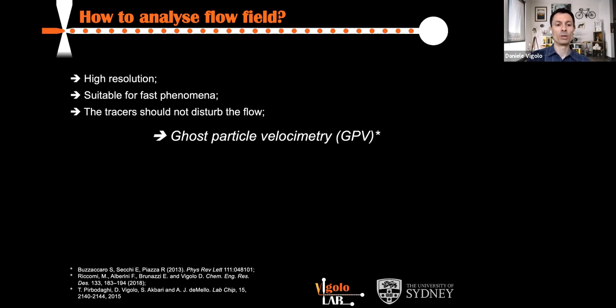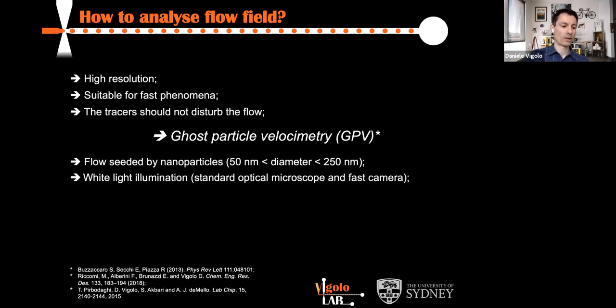So the technique that we developed in the past few years is ghost particle velocimetry, and the benefits of this technique are several. One of these is that it uses nanoparticles, very small tracers that don't disturb the flow. These must be below the diffraction limit, so they are essentially invisible.